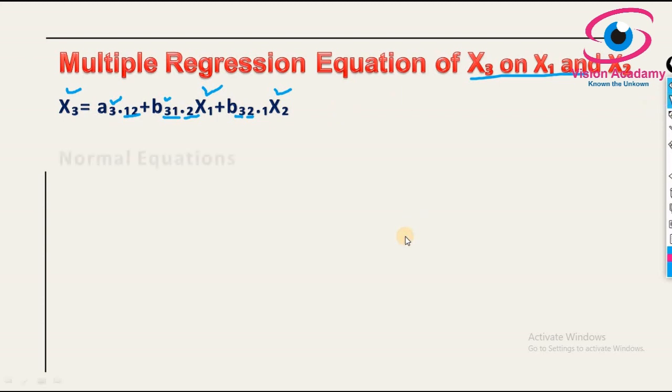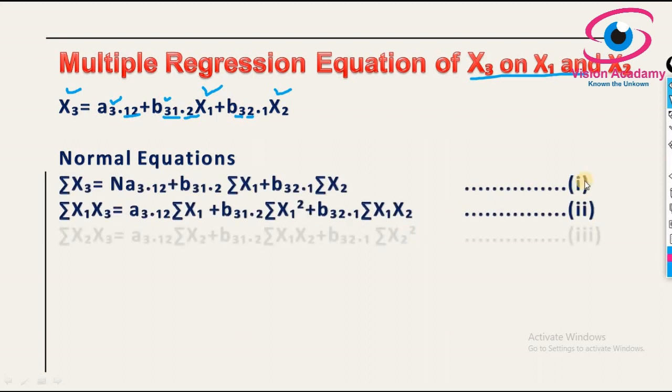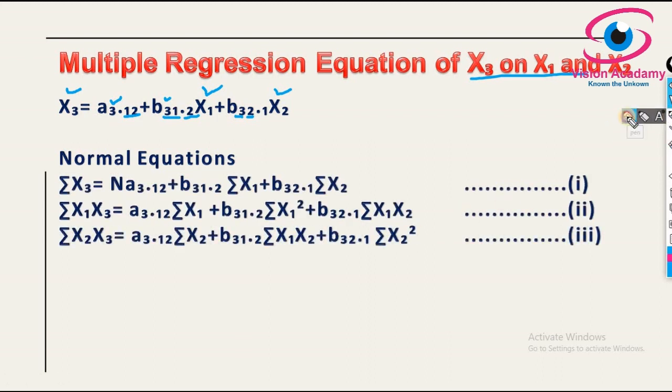So we also have three normal equations here too. As I explained earlier, this will form summation x3. We will consider the other two options relating to the other variables, that is x1 x2, which is the same as the first basic equation. As I told you, the other relations established with x3 are summation x1 x3 and summation x2 x3.